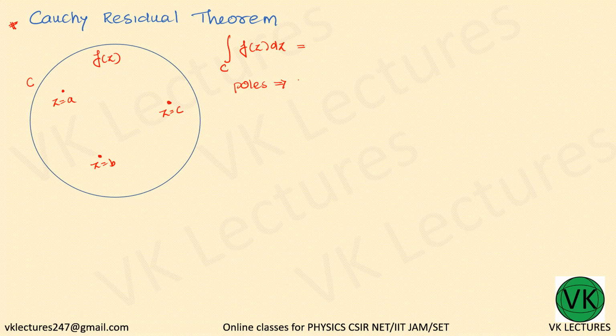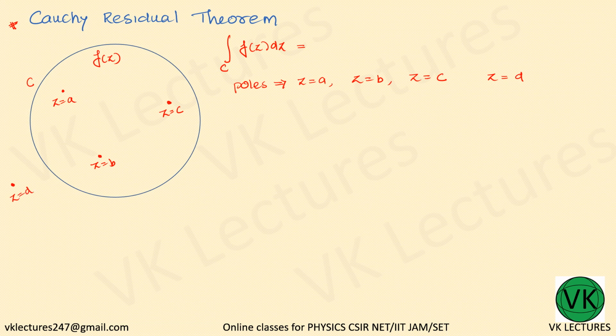So poles at z equal to a, z equal to b, and z equal to c. Now we must understand that all these poles are within this domain, and if we assume that there is another pole z equal to d, which is outside, okay, let's consider this is another point z equal to d.